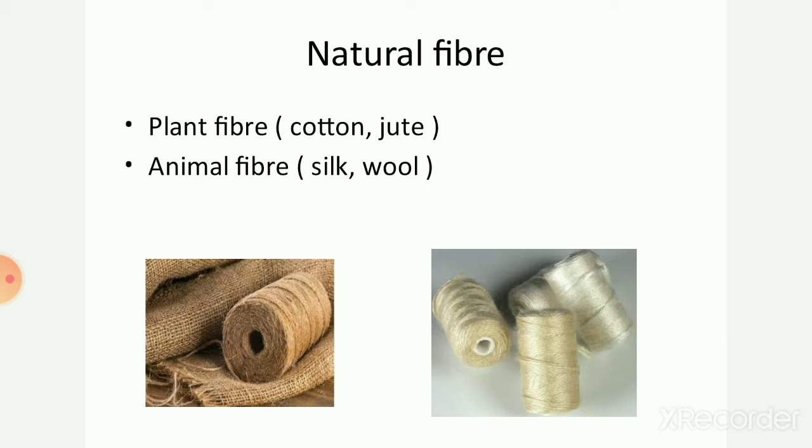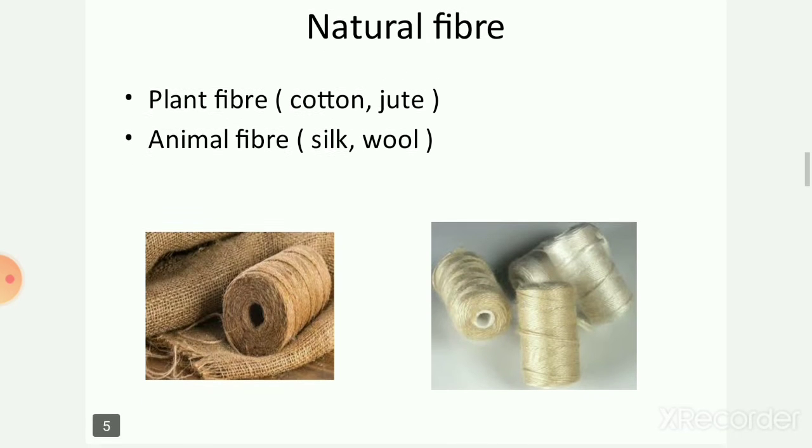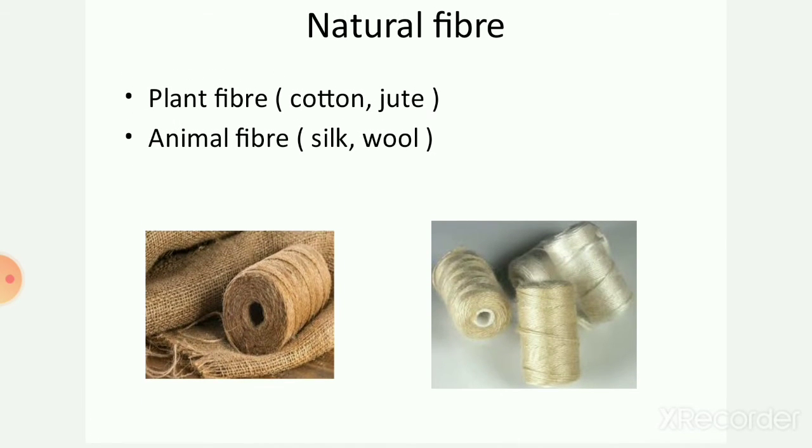By rearing silkworms we get silk, and wool we get from sheep. By rearing animals we get wool. So natural fiber is of two types, plant fiber and animal fiber.